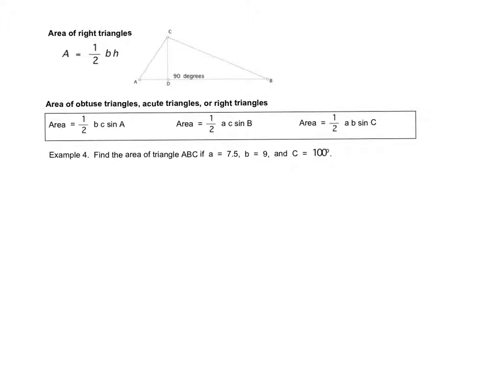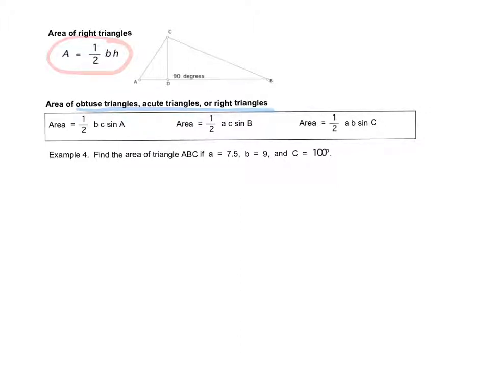We are hopefully familiar with the area of a triangle as being 1/2 the base times the height. But what happens if it's not very clear what the base is and what the height is? Well, it turns out that for any triangle, whether it's an obtuse triangle, acute, or a right triangle, meaning any triangle, we can find the area using one of the three equations below.